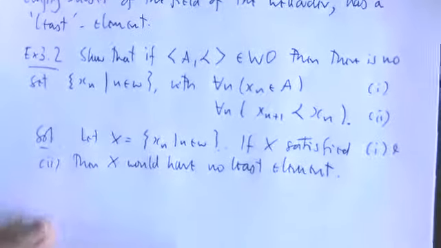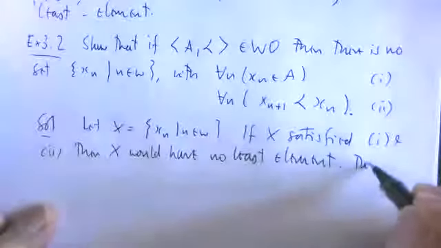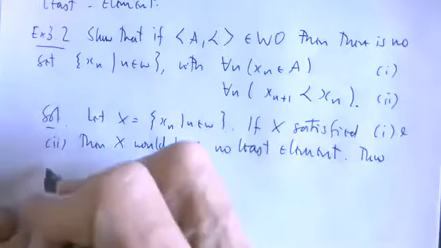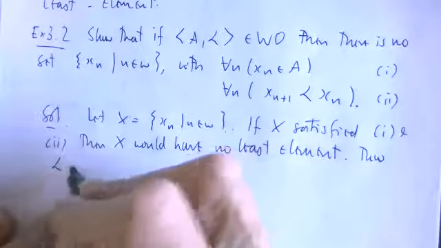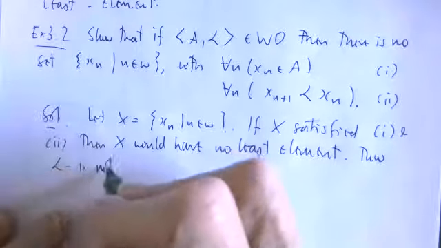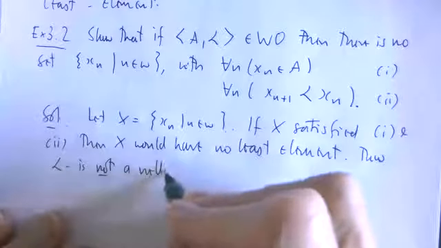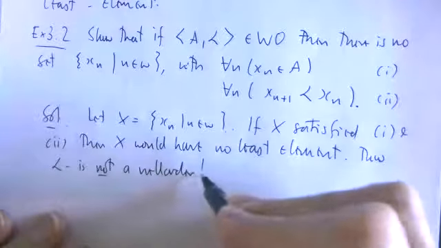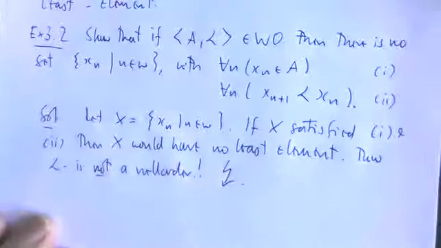X would have no least element. Thus, this would not be a well order. All right, so that will be a contradiction.